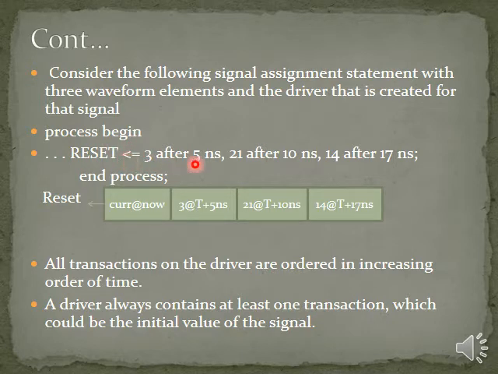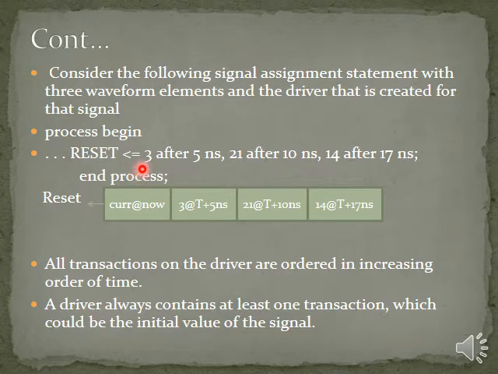These are called waveform elements. 3 after 5 nanoseconds: this 5 nanoseconds is a delay, and after is a keyword. How many waveform elements have we taken? Three: 3 after 5 nanoseconds, 21 after 10 nanoseconds, 14 after 17 nanoseconds, end process.